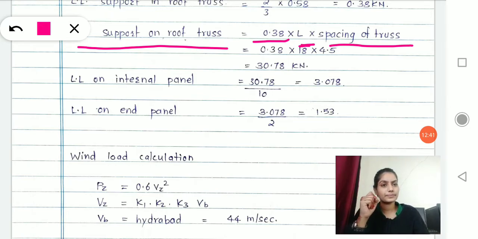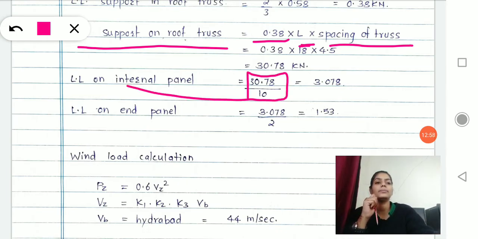The length has to be taken from the truss, and the spacing is also calculated in the geometry calculations. Put every value in this formula and you will get the live load on internal panel points.